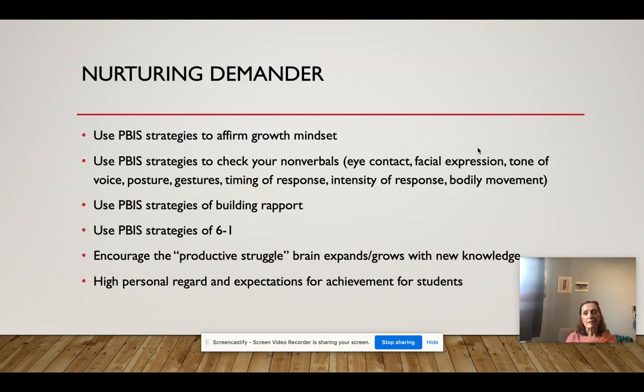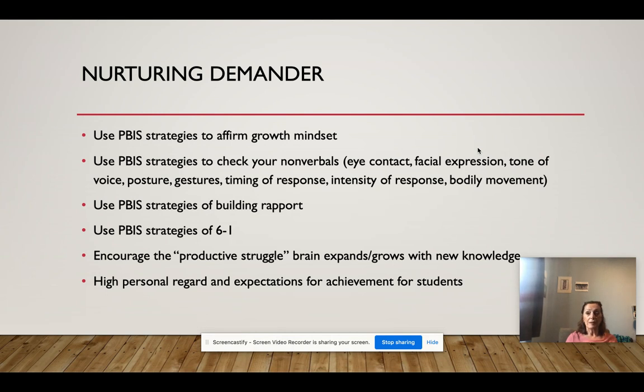And finally, your role is key in being, with whole brain teaching, a nurturing demander. You're going to be using those positive behavior intervention support strategies of affirming growth mindset.